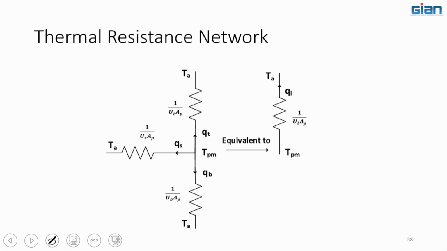That is how we can write it from TPM to ambient: from the sides, from the bottom, and from the top. And this can again be redrawn to represent the equivalent resistance network, represented something like this. It takes care of all the losses that we represented in the last slide.